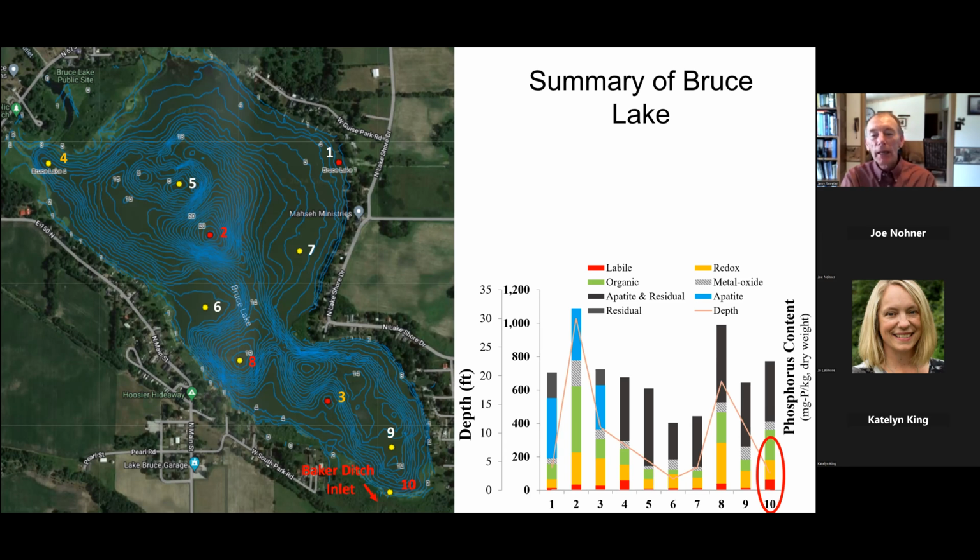And then we can look at just briefly these different areas, this fractionation of the phosphorus into these different forms. But the takeaway message here is we can see now, in this case, Baker Ditch Inlet has some of the highest levels of bioavailable phosphorus of anywhere in the lake.